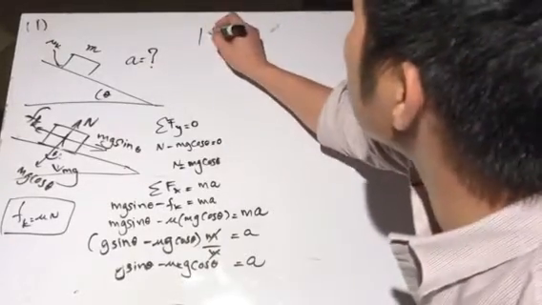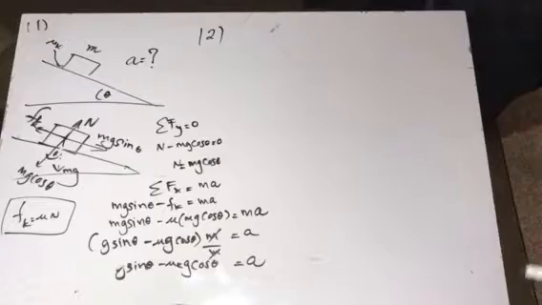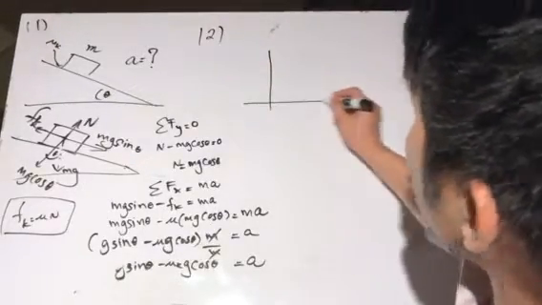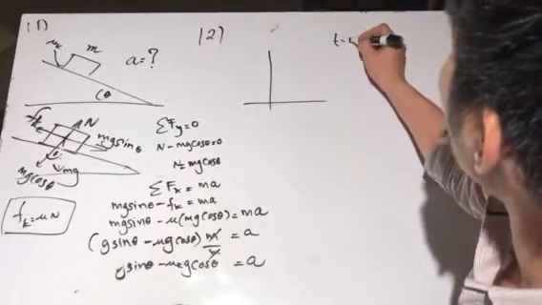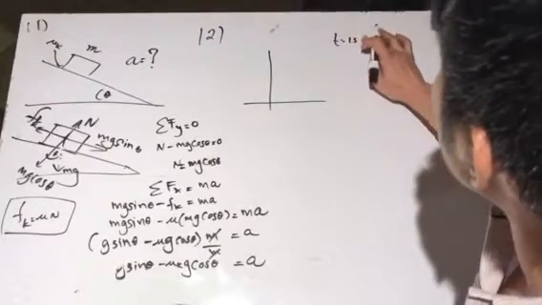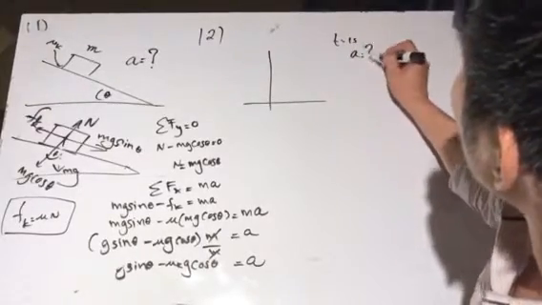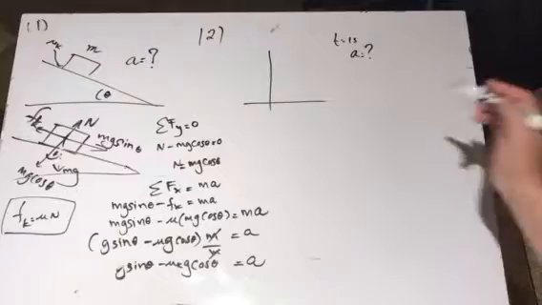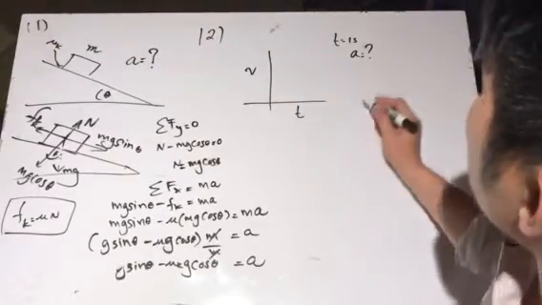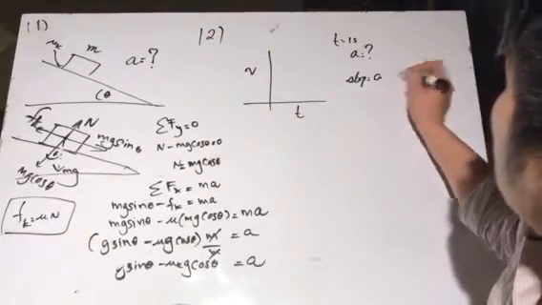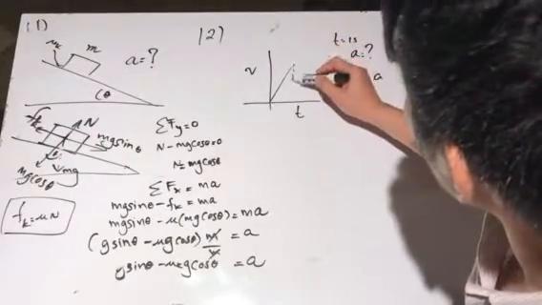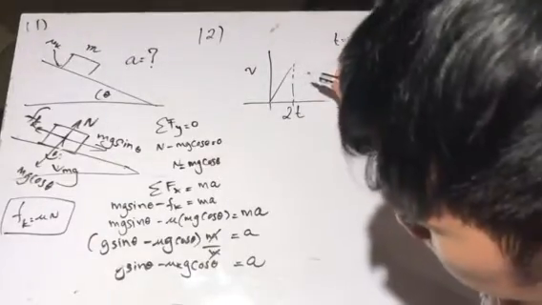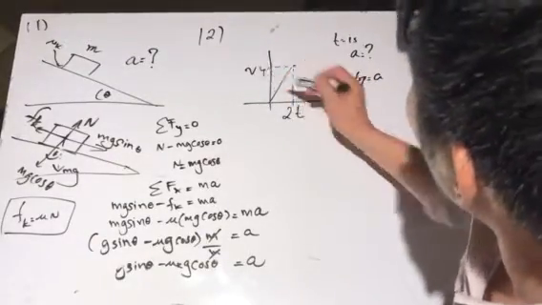So question 12 is pretty easy. Look at the graph. They ask you at time equal to 1 second, what is the acceleration? When you have a velocity versus time graph, the slope is the acceleration.